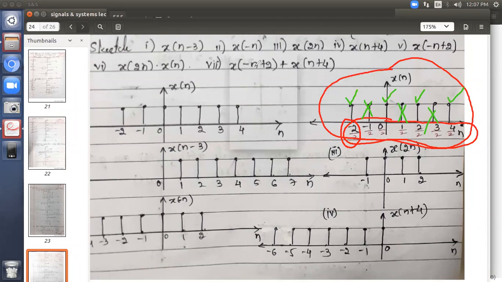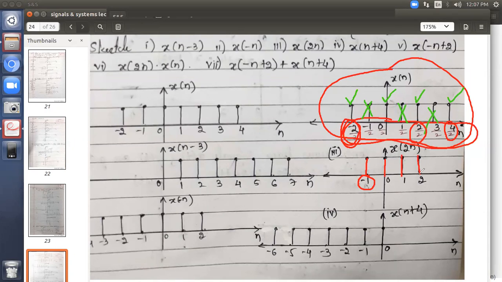Now let's see, what is minus 2 by 2? It is minus 1. All amplitudes are equal, 1, 1, 1, 1, so no issues. So the new time is minus 1. Draw this amplitude. At 0, draw the amplitude. Then 2 by 2 is 1. Draw this amplitude. 4 by 2 is 2.